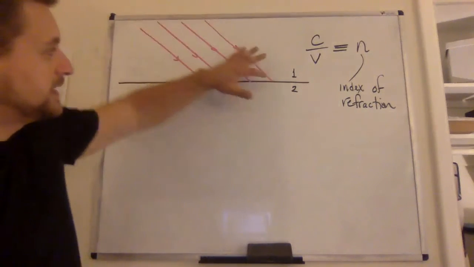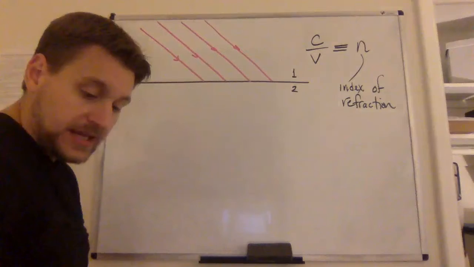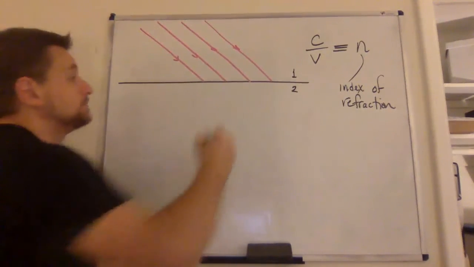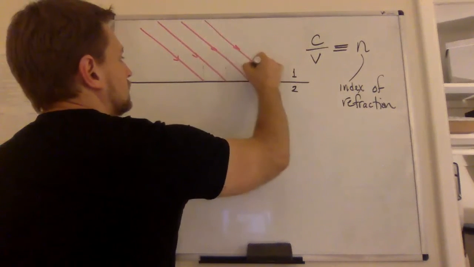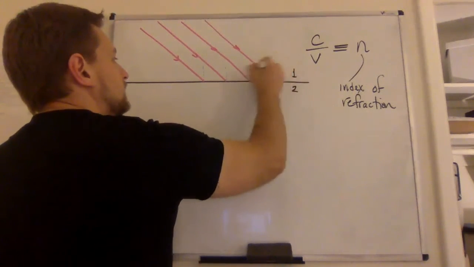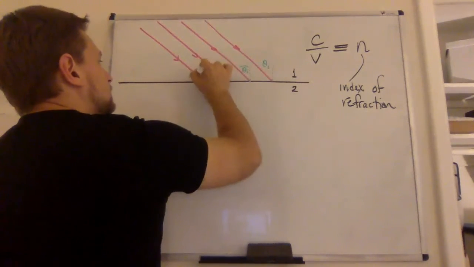They're all hitting the boundary between the two media at the same angle of incidence. If we draw the normal at each point, each of these angles is the same.